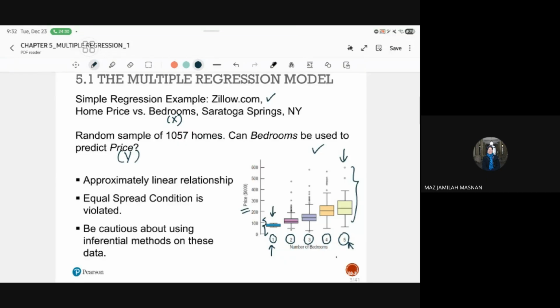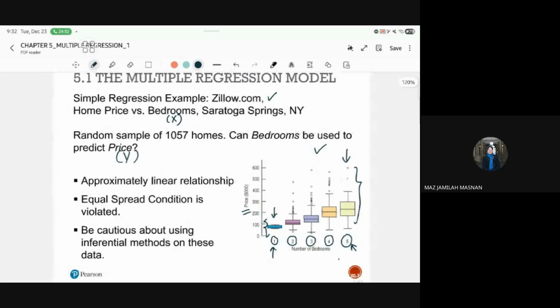So the equal spread condition is violated. In this case, you can see that for each number of bedrooms, the spread is different. That can obviously be expected from this side by side box plot. And be cautious about using inferential methods on this data.